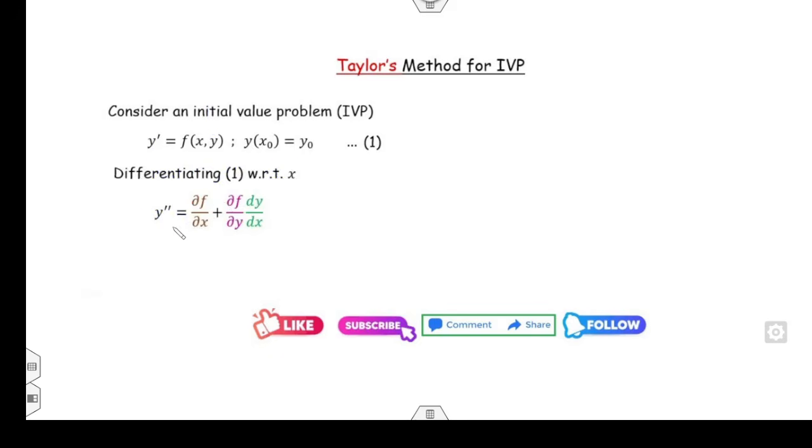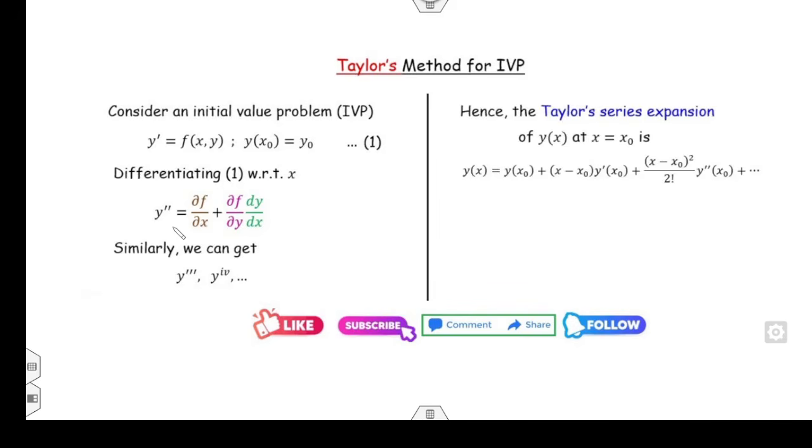Once you know y double dash, you can find y triple dash, y fourth dash, and so on. Therefore, by the Taylor series expansion, we can find the expansion in this case. If you simply take h as the difference between the points, y prime at the point 0 is denoted by y prime at x naught, y double prime at the point 0 is the second derivative of y at x naught, and so on.